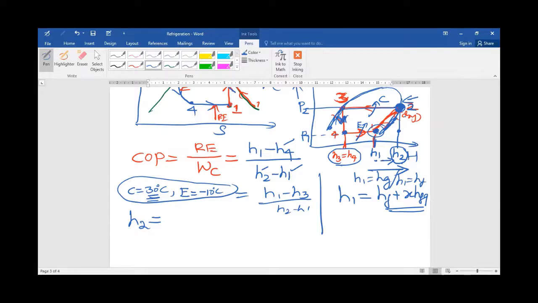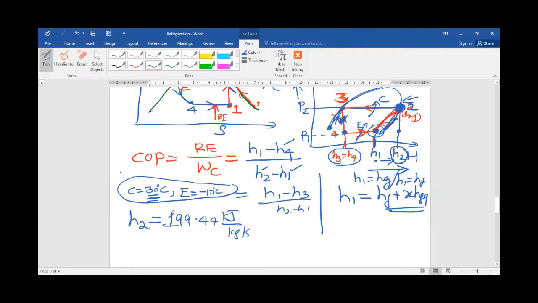Here 199.47 you will get, 199.47 joule per kg Kelvin. If you are confused with some numericals, we will take one more class and explain. Don't worry. For the time being, for the exams, you understand how to take the value of H2.